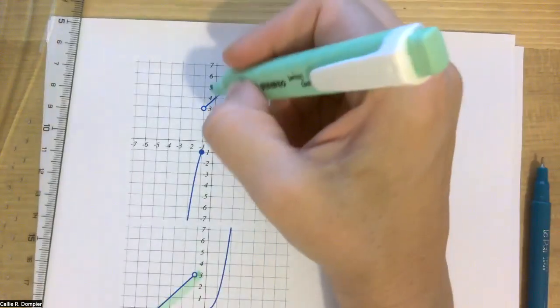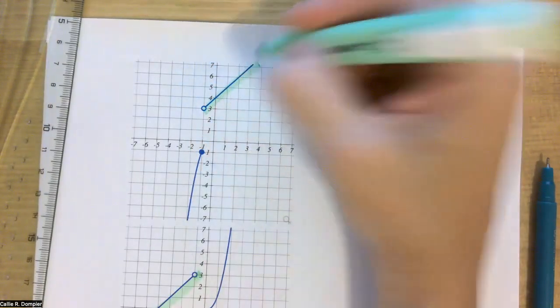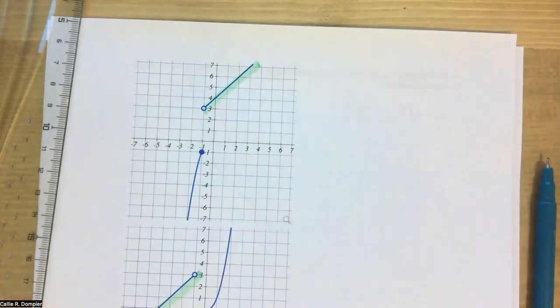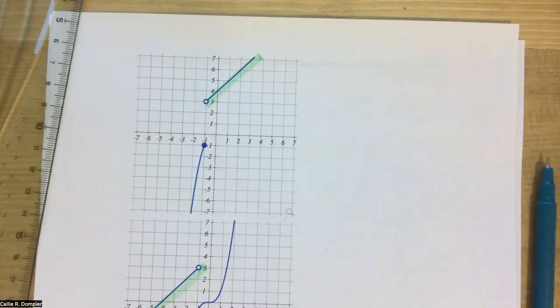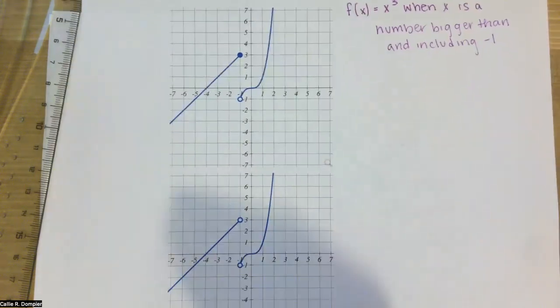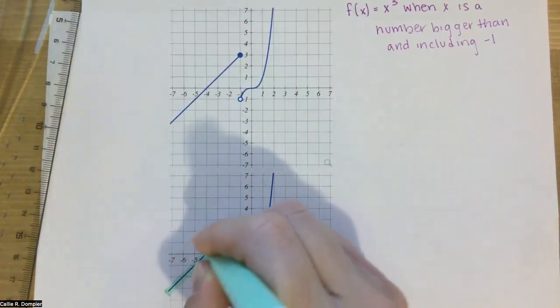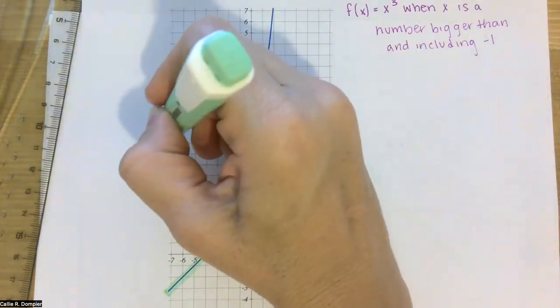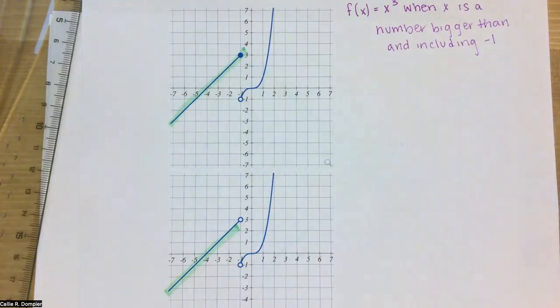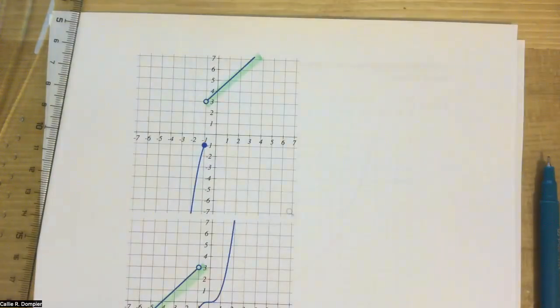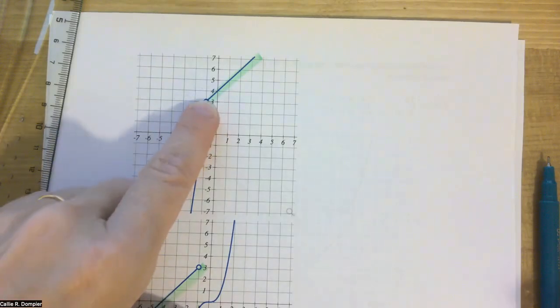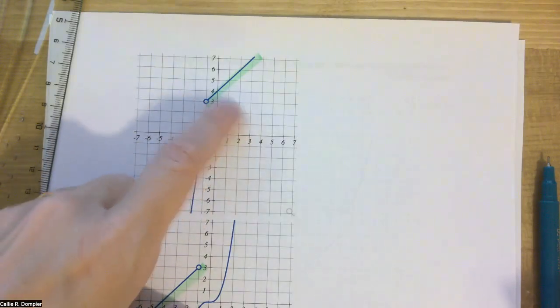Here, it's after x is -1, right? It should be before x equals -1, we should be seeing the equation x plus 4, okay? So that looks true, that looks true. That one looks true. This one looks like they reversed them, right?